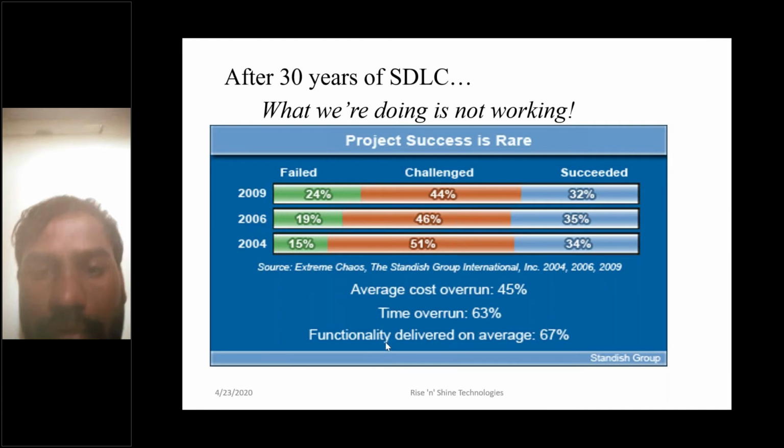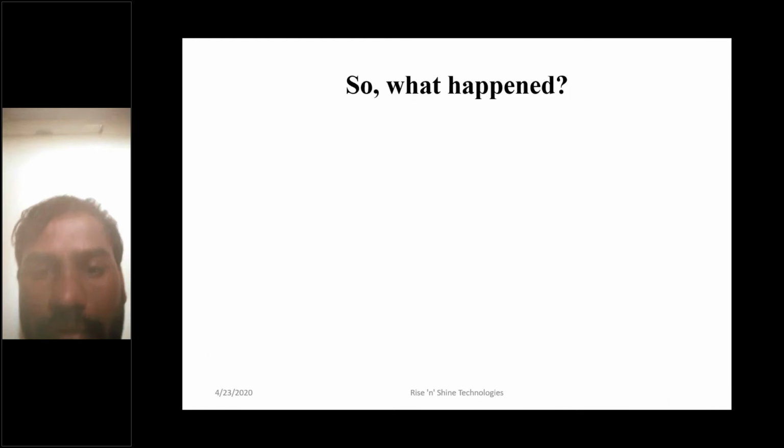The functionality delivered on average is only 67%. So these statistics show that whatever methodology we are using is not helping the management team to make the project a success.